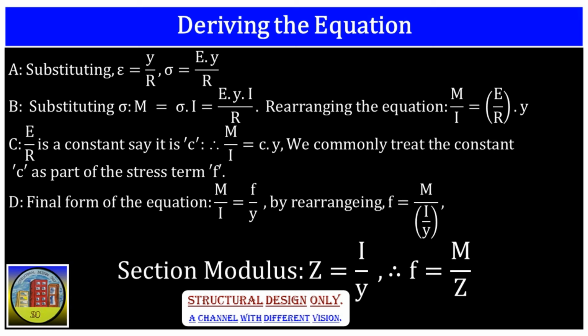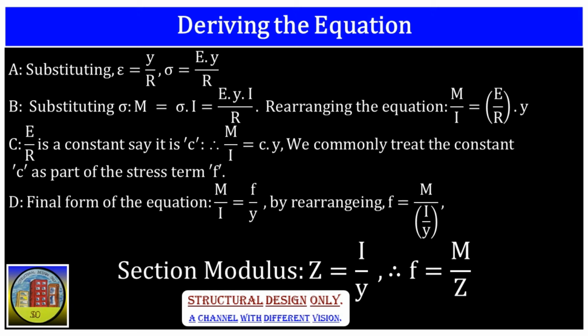We start by substituting the strain equation, epsilon equals to Y by R, into the stress equation to get sigma equals to E into Y by R. Next, we incorporate the bending moment equation, M equals to sigma into I. Substituting the value of sigma, we get M equals to E into Y into I, divided by R. Rearranging this equation, we find that M divided by I equals E by R into Y.